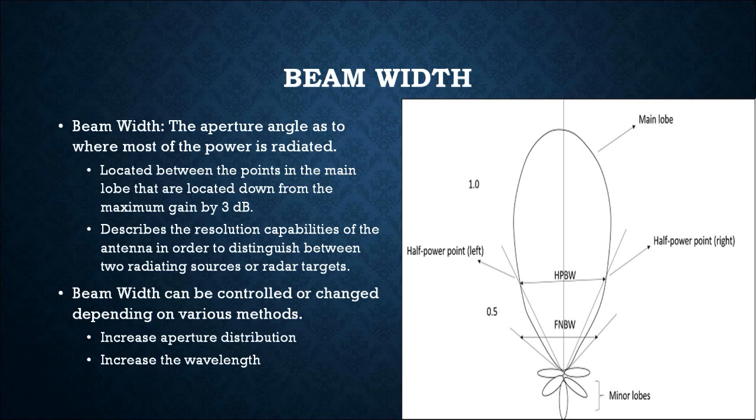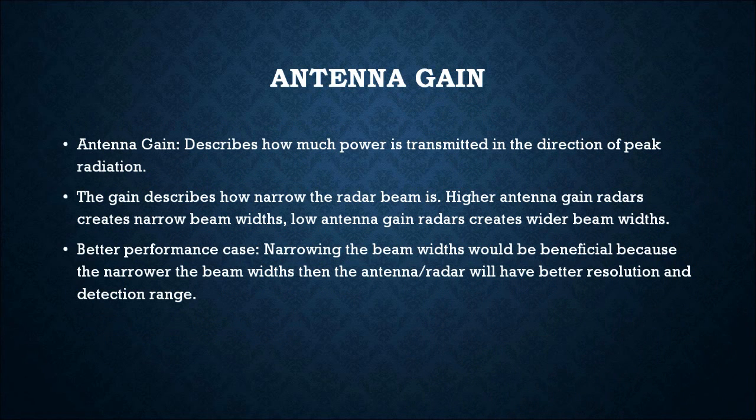That is if we're assuming that the aperture size remains the same, of course. So antenna gain, which is also known as the power gain, describes how much power is transmitted in the direction of peak radiation.